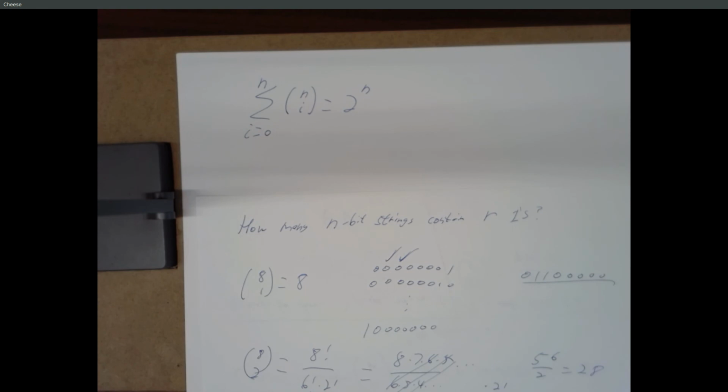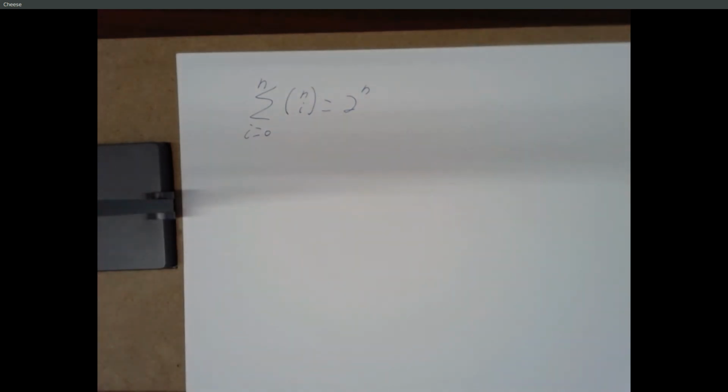That's kind of nice. And you can spend a lot of time just studying combinations, and we will do that on Friday for sure. But let me give you another interesting consequence of this.